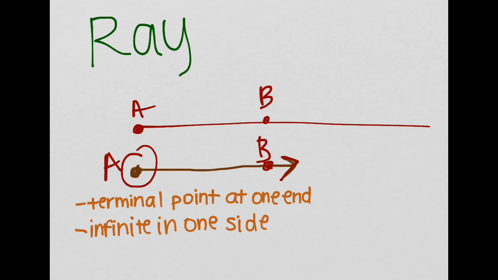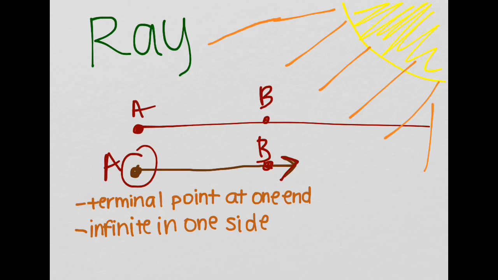Now, a good way to remember a ray is the sun. So, for example, let's draw a quick sun. So here's my sun. What do suns have? Rays, right? They have rays. That's why you say sunlight rays.